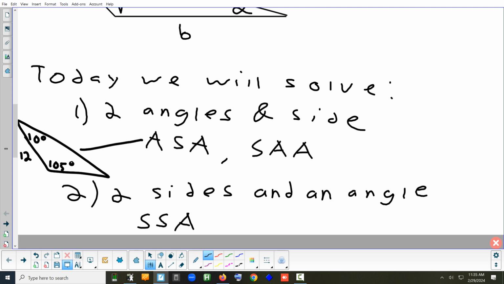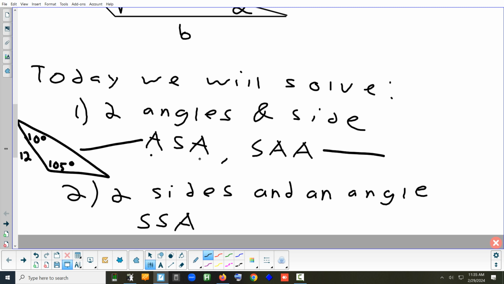A-S-A. Do they have to be next to each other? Could it be that instead the side is the long obtuse side? No, that would be side, angle, angle. For this one, the side has to be between the two angles.